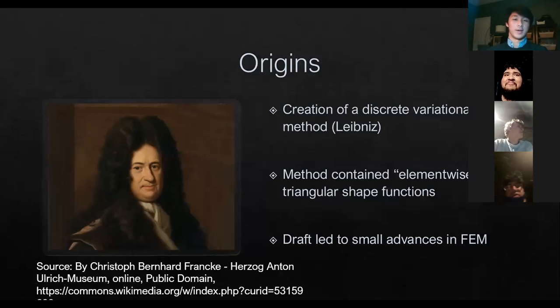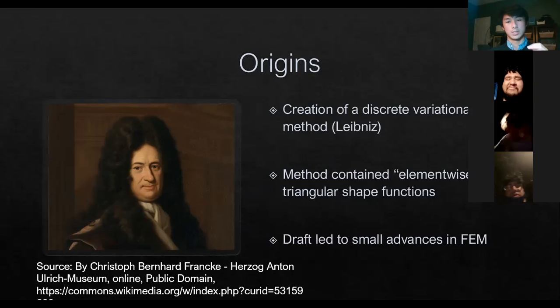In 1851, Schellbach, another mathematician, published his analytical studies of the draft, and then Rayleigh, another mathematician, published his numeric results of this draft. Together, this led to small advances in this method and prompted many mathematicians to figure out approximate solutions for any type of complex figure simply by breaking it down into small and tiny elements.